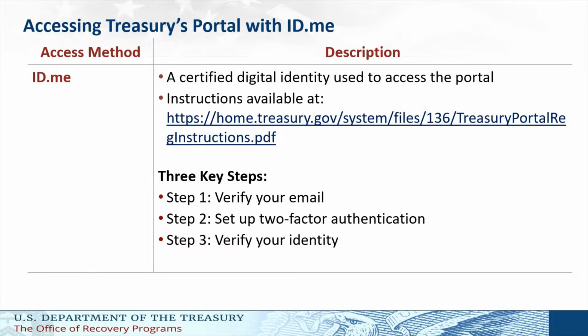Written documents and instructions for doing all of this are available on Treasury's website and at the link posted on the screen. You can also reach the link directly through the Treasury website at www.treasury.gov/SLFRP reporting.